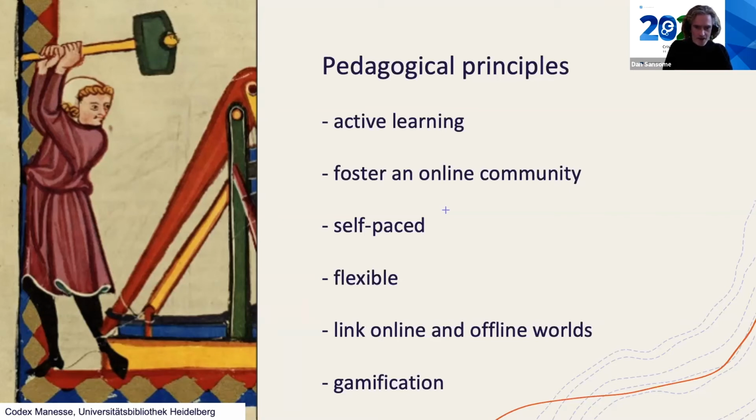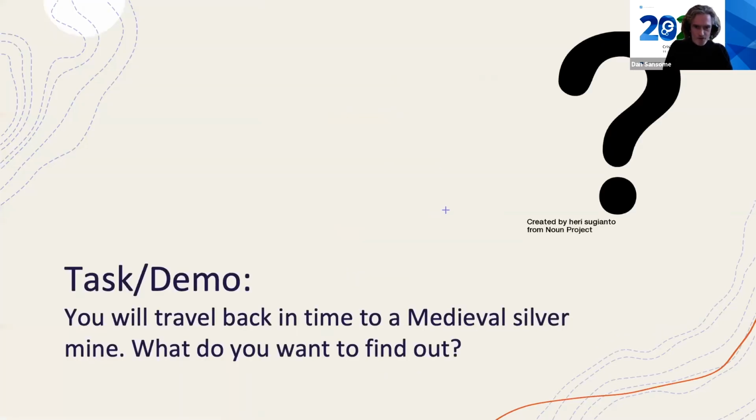I think, therefore, moving on, I am going to set you a mission. You have been chosen by the Time Trek team, and you will be traveling back to a medieval silver mine in Erzgebirge. I hope you're ready for this. But before you go, I'd like to know, what would you like to find out?